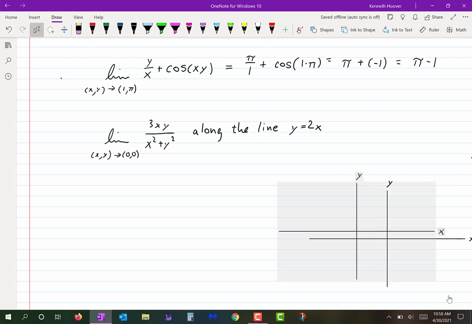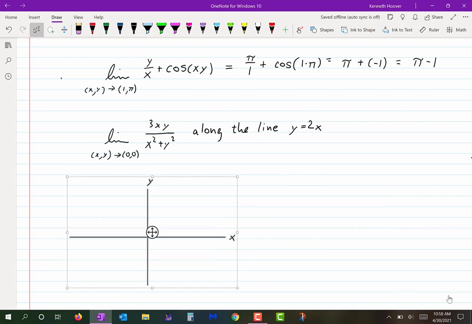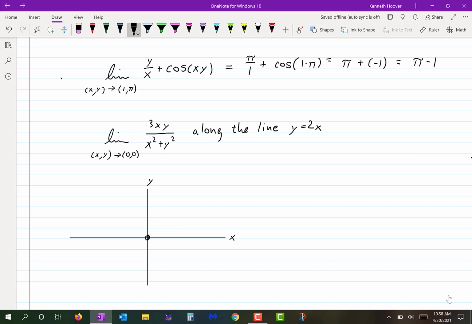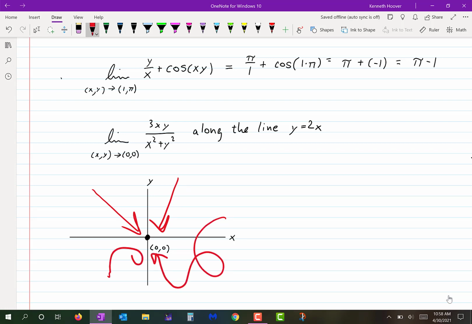Okay, all right, so let's just move this over here. Okay, so here's the origin. That's the point we are approaching. And it says we are approaching specifically along the line 2x. So xy can approach along any direction, even the curved direction.